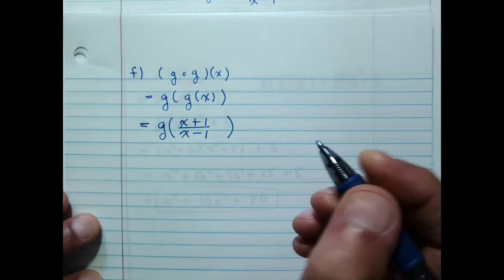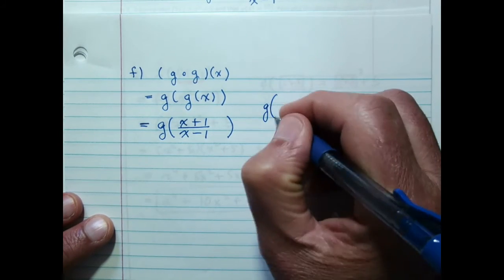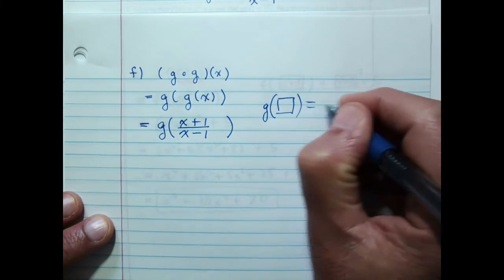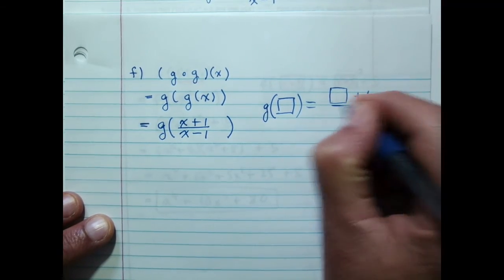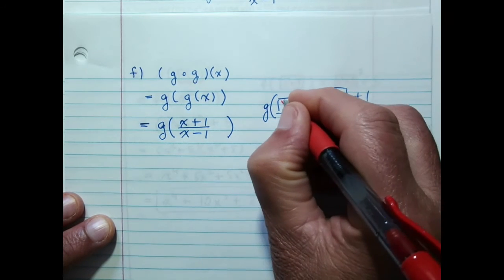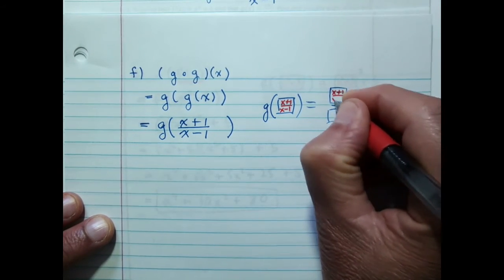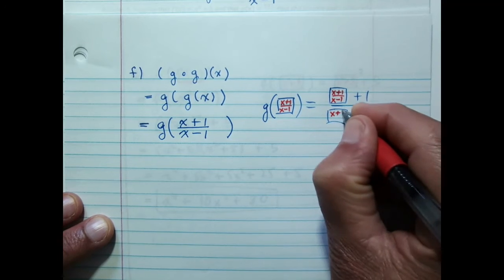Ew, this is going to be a mess. This is going to be a mess because g of whatever is whatever plus 1 over whatever minus 1. And what's going to happen here is I have to put that x plus 1 over x minus 1 here, here, here.